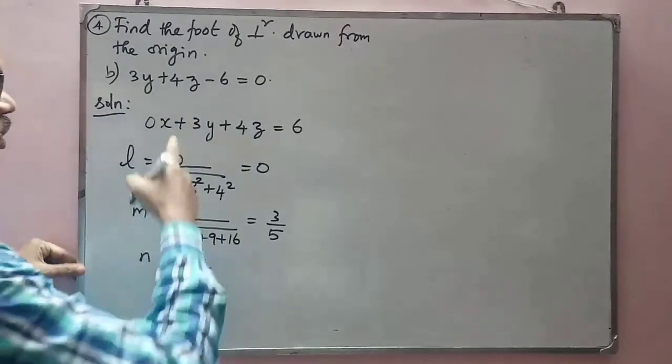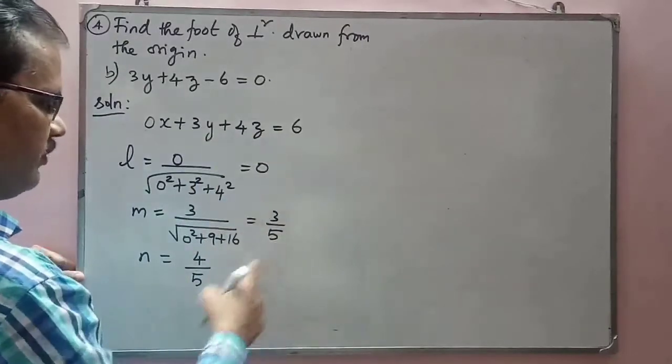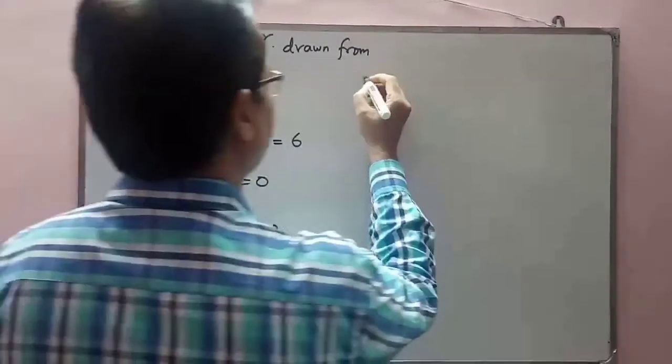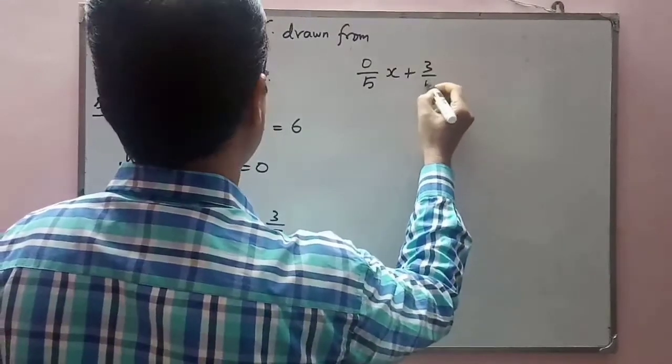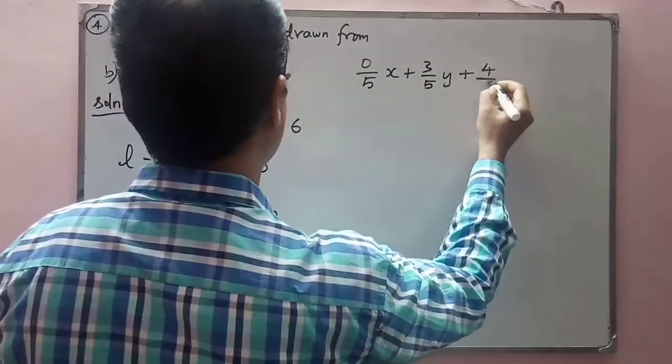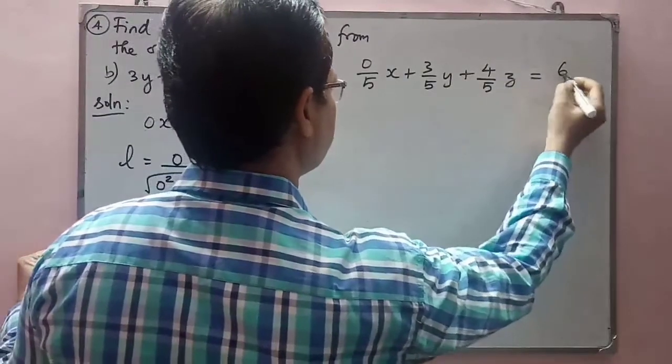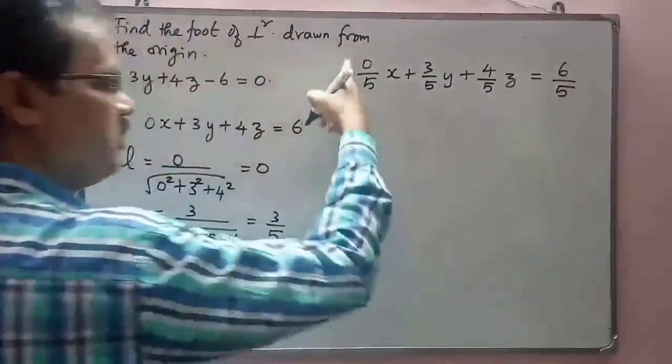Okay. Now to convert this to normal form, we have to divide by 5. So dividing by 5, we have 0 by 5 x plus 3 by 5 y plus 4 by 5 z equals 6 by 5. So 0 by 5 is just 0.